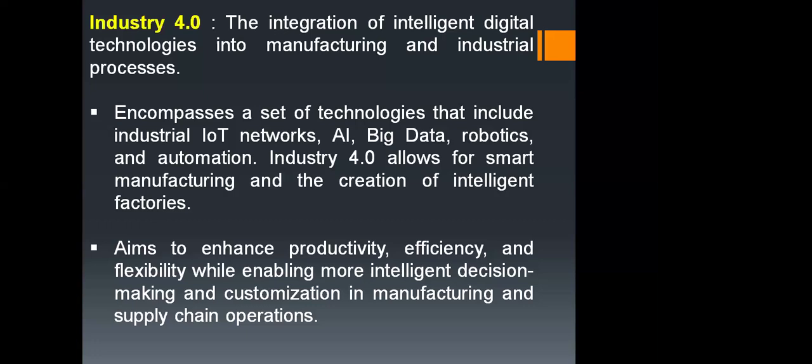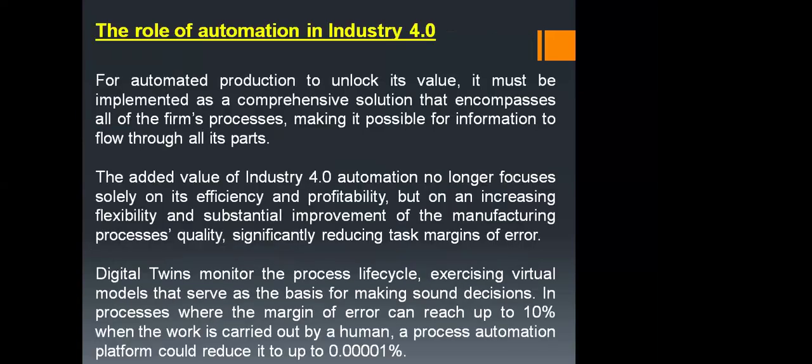So every aspect coming under Industry 4.0 is covered in different sections. The first keyword associated with Industry 4.0, the fourth industrial revolution, is automation. Now, how can we summarize the role of automation in Industry 4.0?